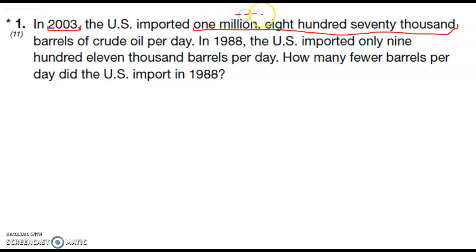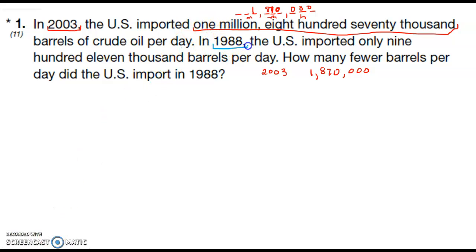If this is millions, and this is thousands, and this is hundreds, let me fill this in. 870,000. I'm sorry. Keep reading, Mrs. Ross. Okay, I got it. So in 2003, we have 1,870,000.